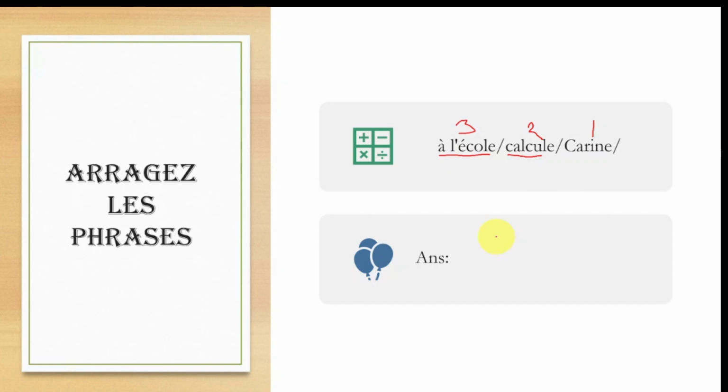So, we're going to fix it. Remember, we're going to start with one, this is one, the second, and the last one. This is how it's going to be here.